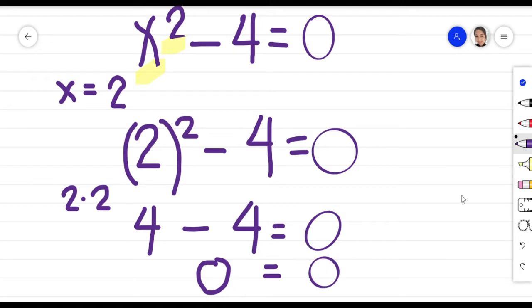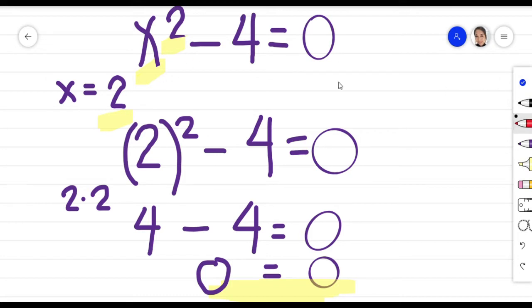So here, the last part shows that it satisfies our equation. It means that x equals 2 satisfies the equation x squared minus 4 equals 0.